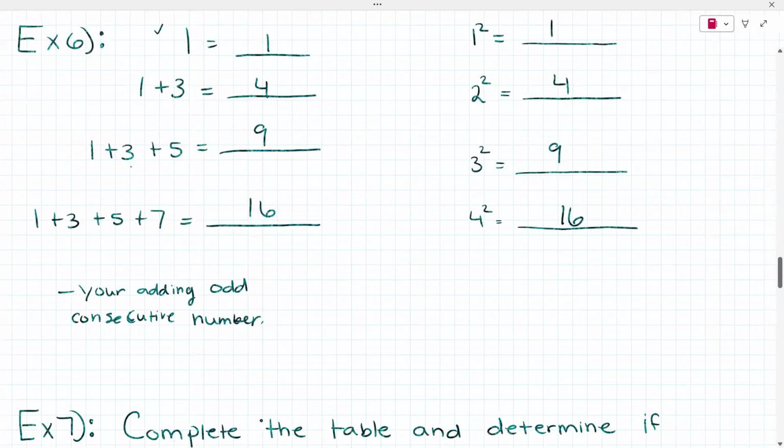And for the addition, you could say the sum of the first odd consecutive integers equals n squared.